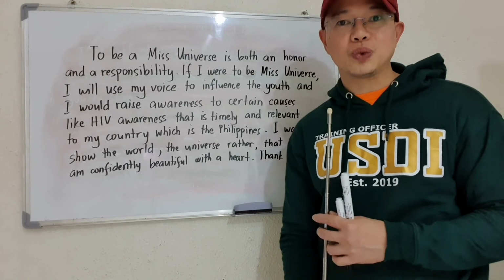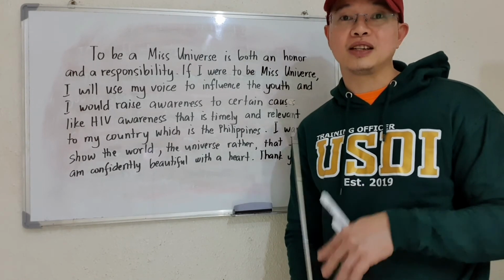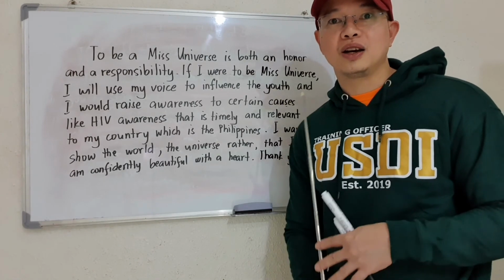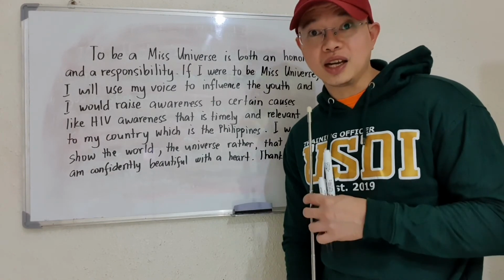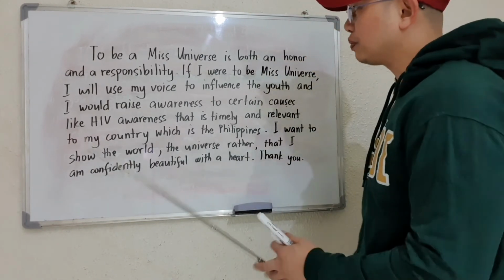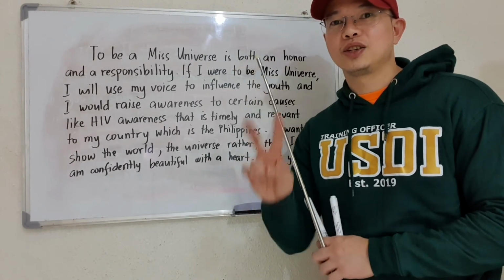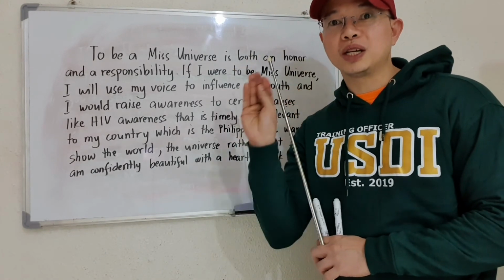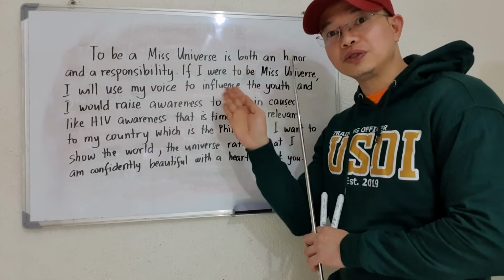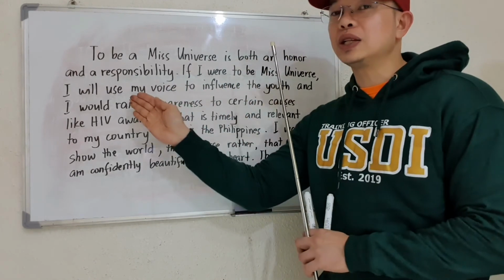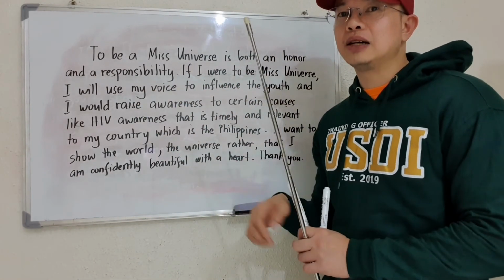All right, so instead, what would be the right way to express the conditional statement that Pia Wurtzbach would actually have done? All right, so it should be conditional statement 2, which is present form in the if clause and will or future form in the main clause.